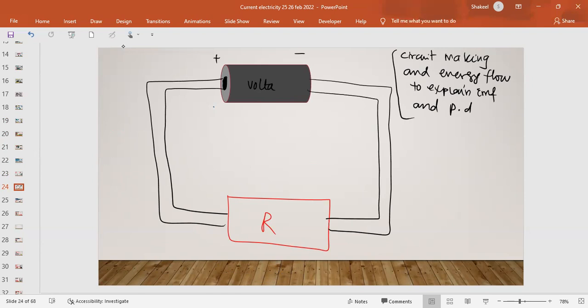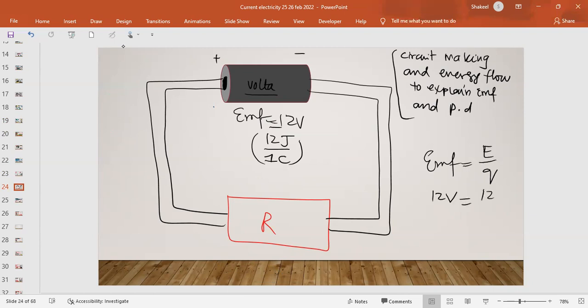Now this cell is, let's say, having an EMF of 12 volt. It means that it will give 12 joule of energy to every 1 coulomb charge that will pass through it, since you know the formula for EMF. EMF is energy over charge, so if it is 12 volt, it means 12 joule of energy will be given to every 1 coulomb charge passing through the cell.